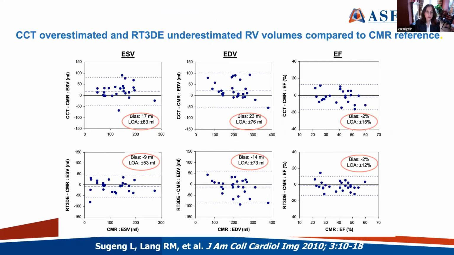And here are the results from the study: you see that cardiac CT overestimated RV volumes compared to magnetic resonance imaging, whereas 3D echo underestimated RV volumes. So just keep in mind that what's considered normal in terms of values for the right ventricle varies depending on which technique you're using to do your measurement.